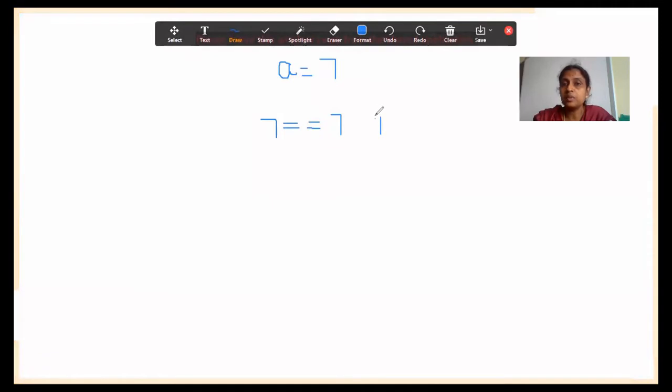In the previous example, 7 equals 11: 7 is not equal to 11, so the condition will become false.